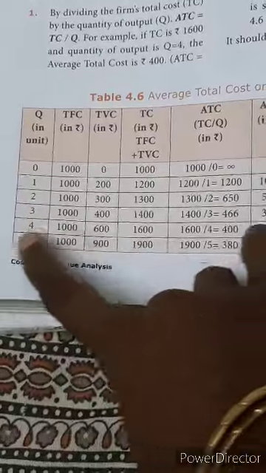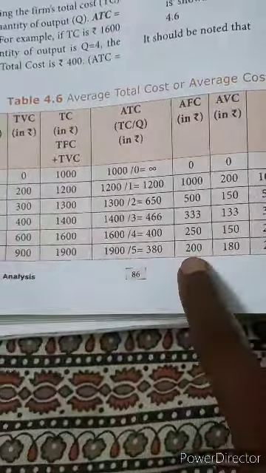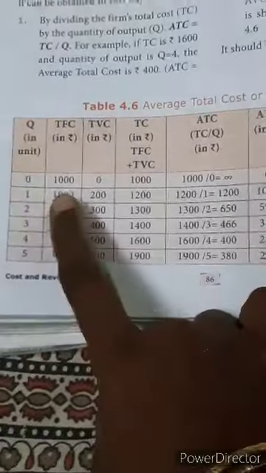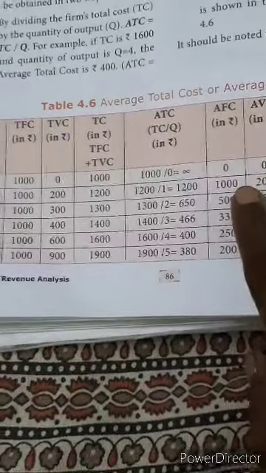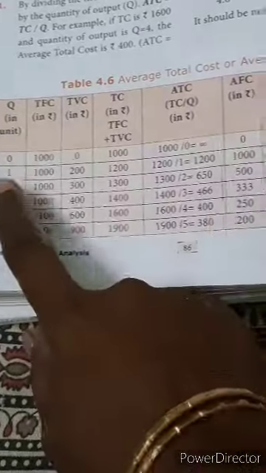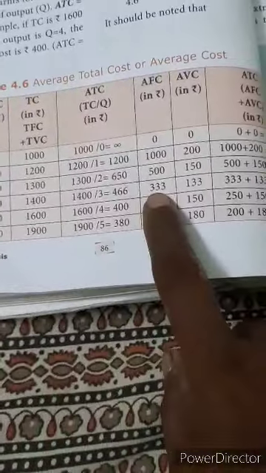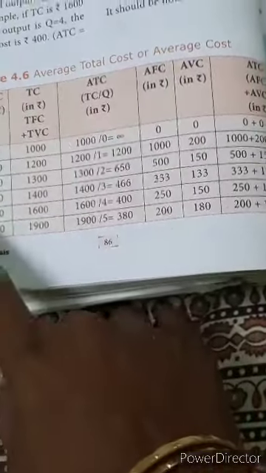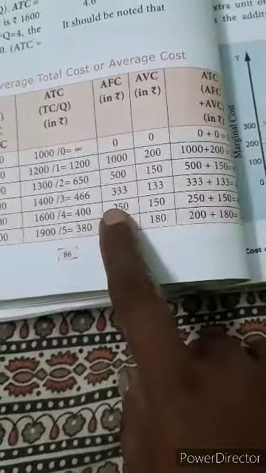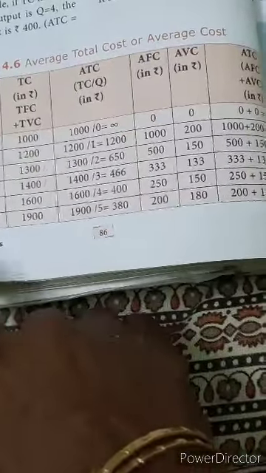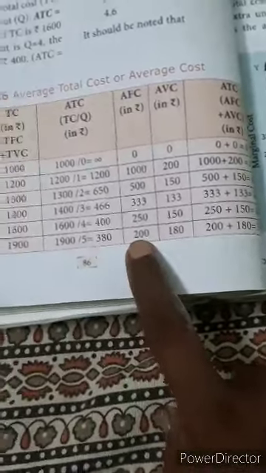So total fixed cost by quantity is equal to average fixed cost. 1000 by 1 is equal to 1000. 1000 by 2 is equal to 500. 1000 by 3 is equal to 333. 1000 by 4 is equal to 250. 1000 by 5 is equal to 200.